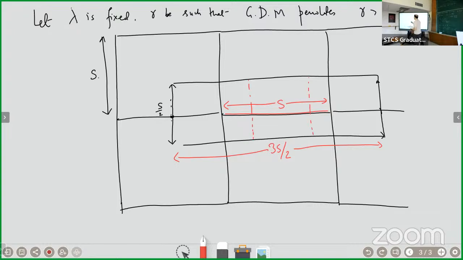Make 3 parts of it: this is S by 2, this is S by 2, this is S by 2. The height is S by 2. Okay, so let me erase some parts.